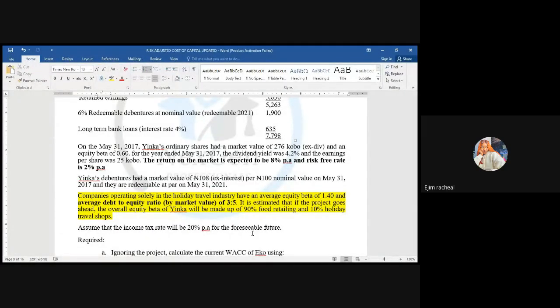The return on the market is expected to be 8% per annum and the risk-free rate is 2% per annum. We've done all this. Okay, go ahead. Yinka's debentures had a market value of 108 naira ex interest per 100 naira nominal value on May 31st, 2017, and they are redeemable at par on May 31st, 2021.